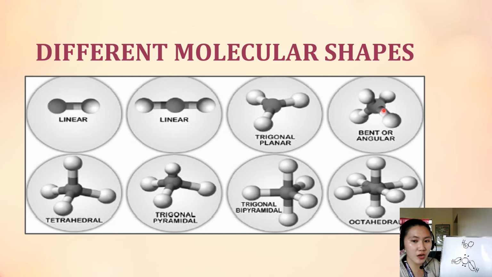So, ito yung bonding pairs at ito yung lone pairs, okay? So, our H2O here is bent or angular shape, okay? Bent or angular shape. So, that is how we determine the molecular shape of a molecule. Gets na ba, class?